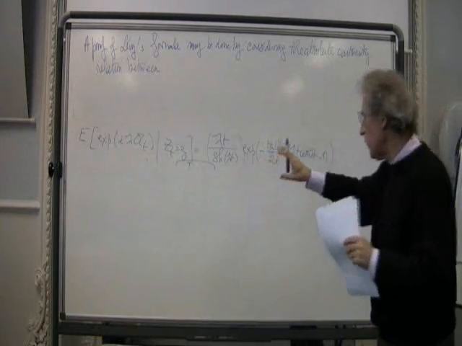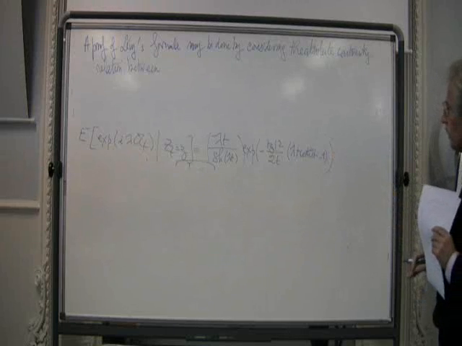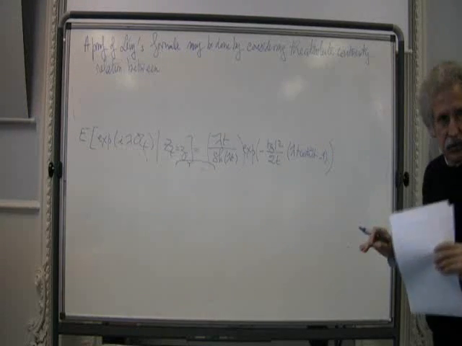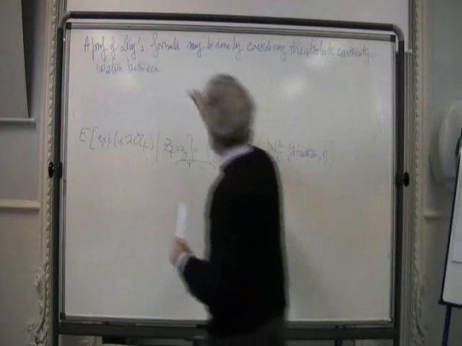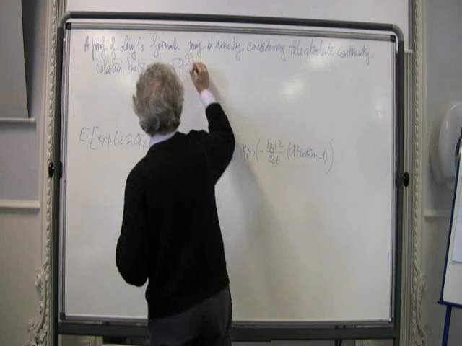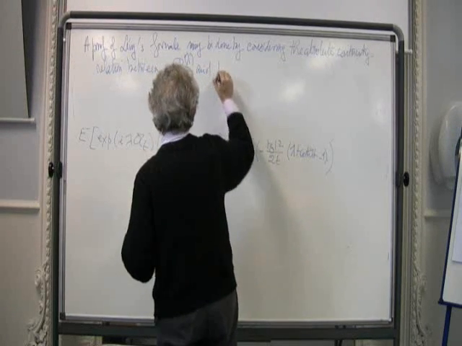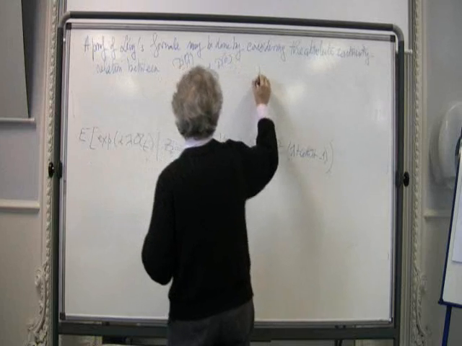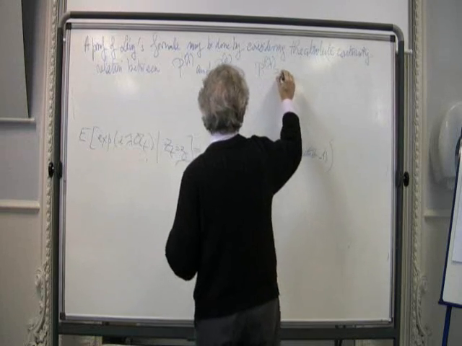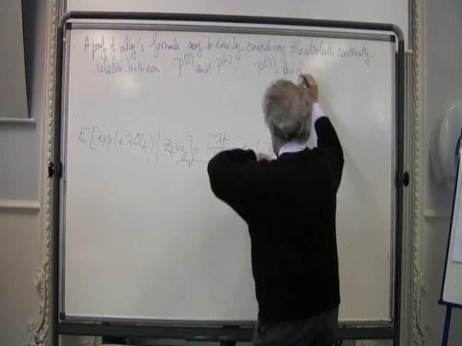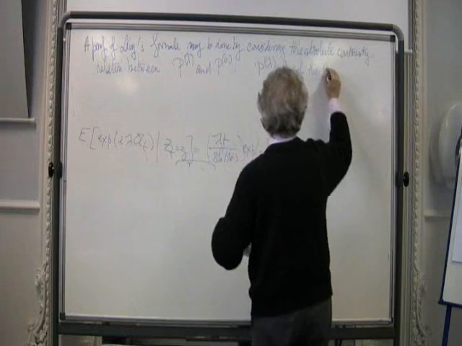Again, as I explained, I can restrict my discussion to one-dimensional Brownian motion. So between P_lambda and P_0, where P_lambda denotes the law of the OU process with parameter lambda.